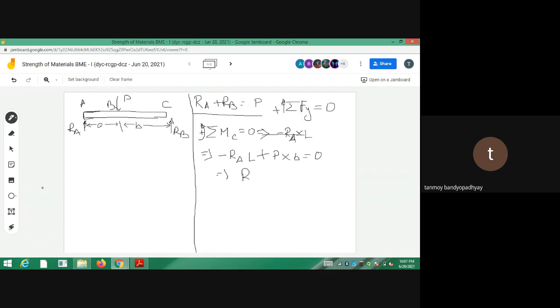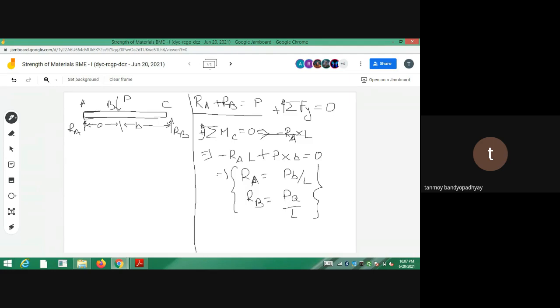So RA will be equal to Pb by L. Similarly, RB is equal to Pa by L. So you get the reaction forces RA and RB, which are fixed.